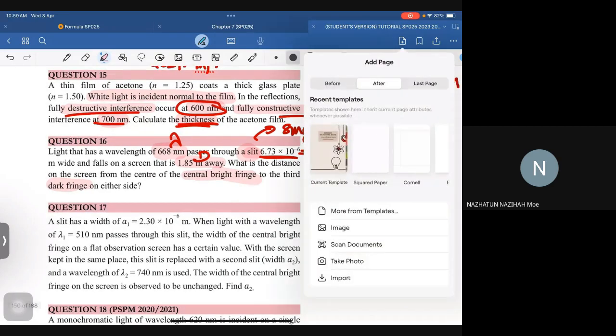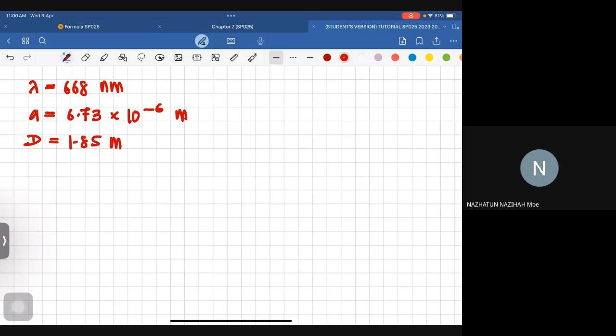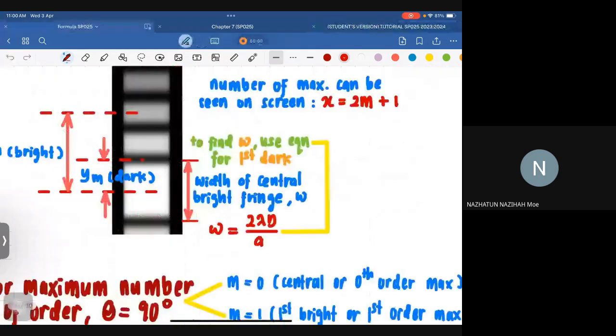Okay. So again, extract dulu lah information yang kita tahu. Lambda 668. Lepas tu width of the slit, which is 6.73, negative 6 meter. And then falls on a screen that is 1.85 meter away. So dia suruh kita cari distance of the screen from the central bright fringe. Adakah dalam sini?